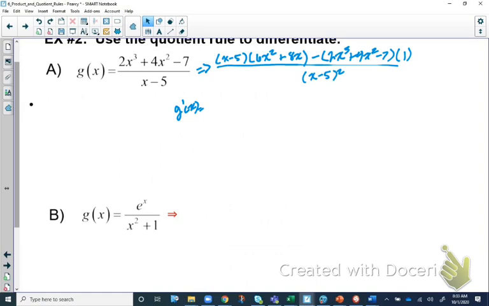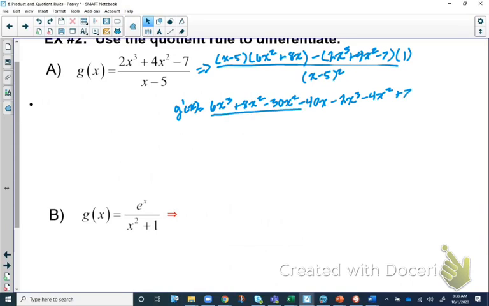So next, doing my distribution, I'm going to get a 6x cubed in the numerator, 6x cubed plus an 8x squared minus a 30x squared minus a 40x. And here, where the 1 on the end really doesn't matter, so we can just distribute the negative to get rid of the parentheses. So I'll get a minus 2x cubed minus 4x squared plus a 7.